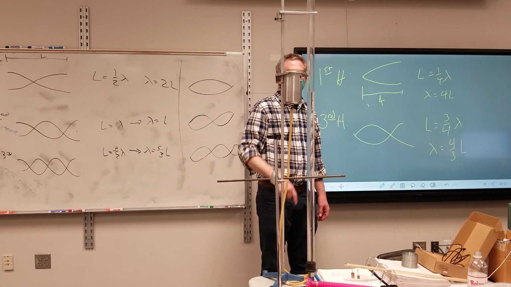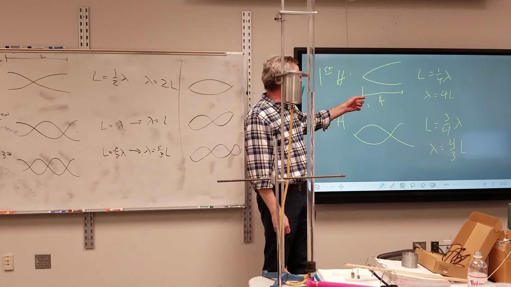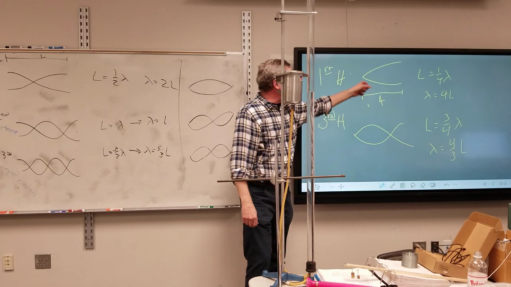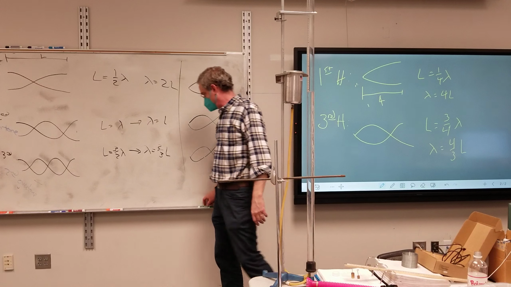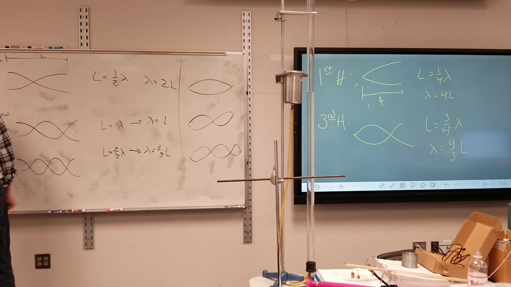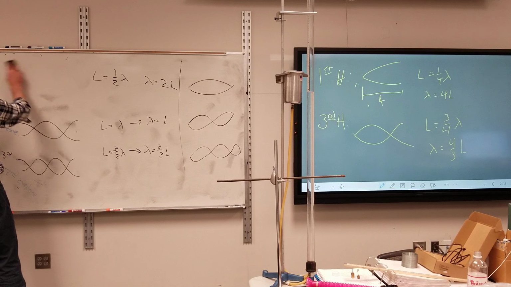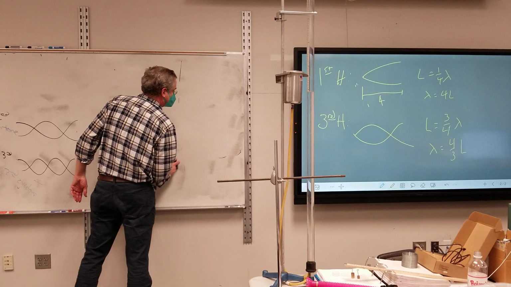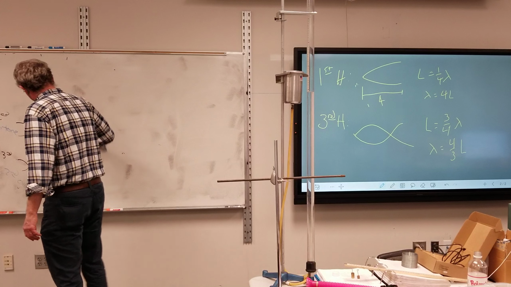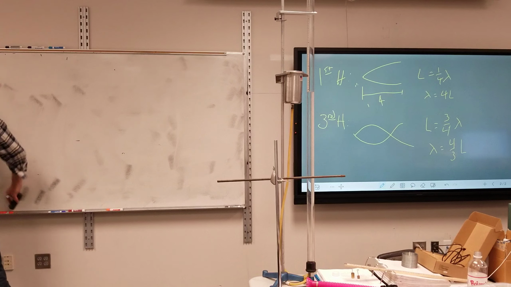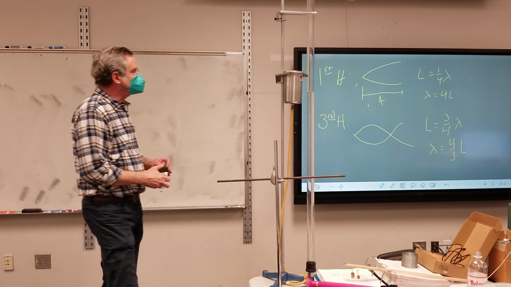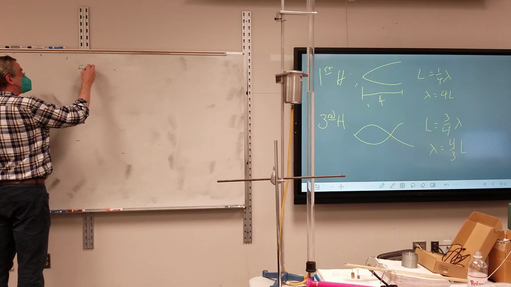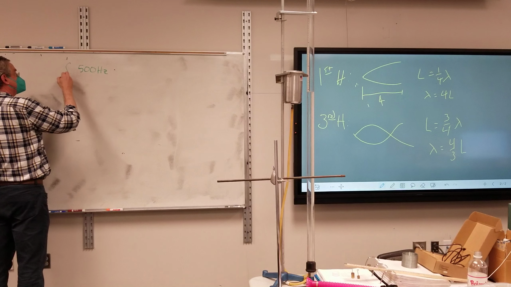All right, so let's make a prediction about where the first harmonic is going to be. In other words, how big does the air column need to be in order to hear this first harmonic? All right, so that was a 500 hertz frequency.